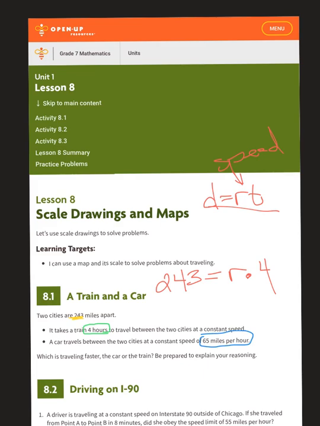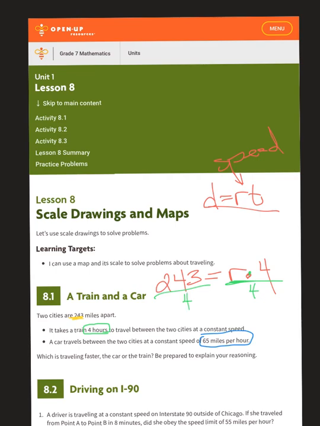My whole goal is I want to get this R all by itself. So I need to get rid of this multiplication. We do the inverse or the opposite of multiplication, and that is division. So we're going to divide both sides by 4.